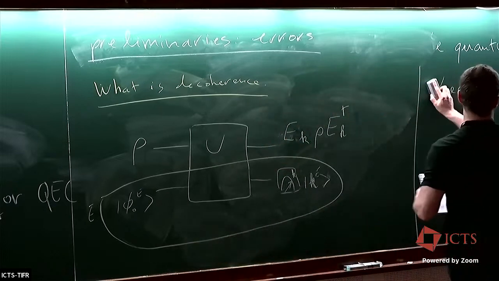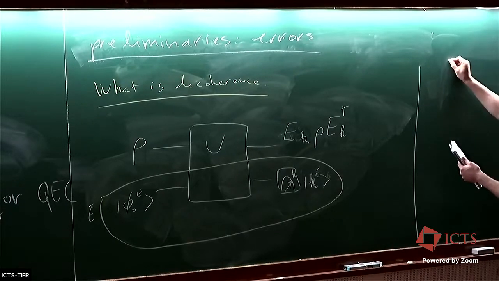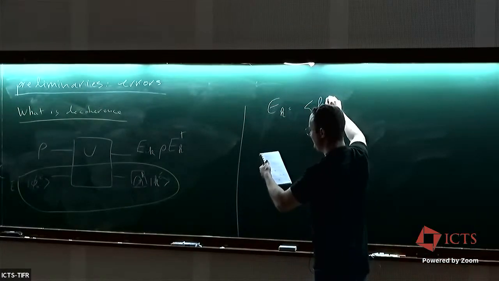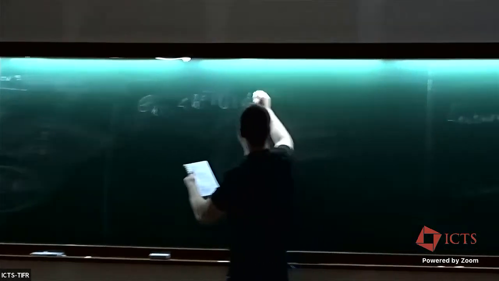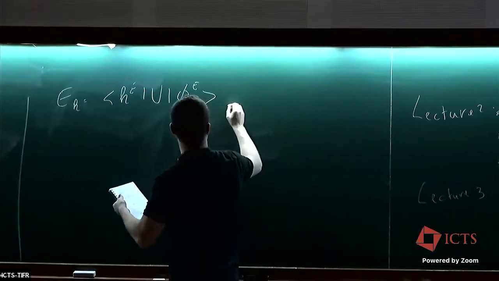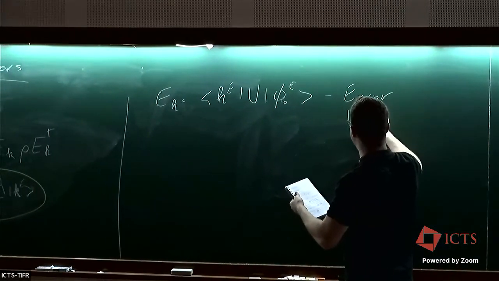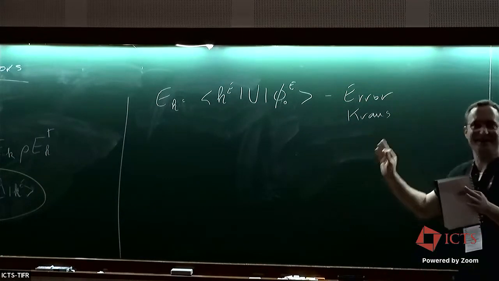Sometimes it's called the Kraus operator. I'll mention in a second. So E_K, if you do the small calculation, you get that it's equal to this. So phi naught E is the initial state of the environment. And this is called an error operator. Sometimes it's called a Kraus operator. I know there was an Indian scientist that should be here.